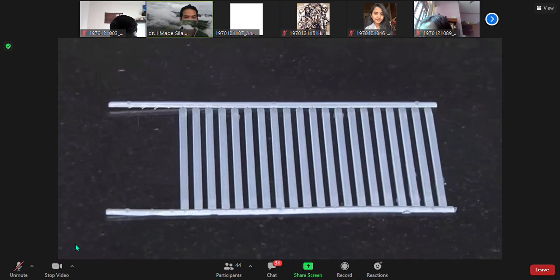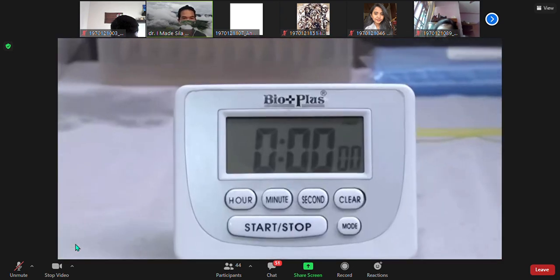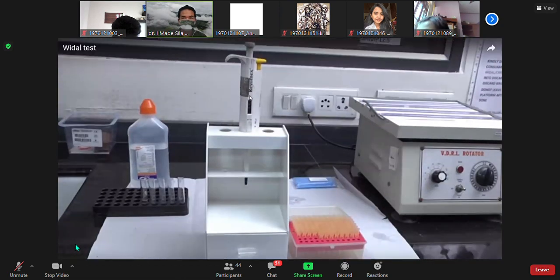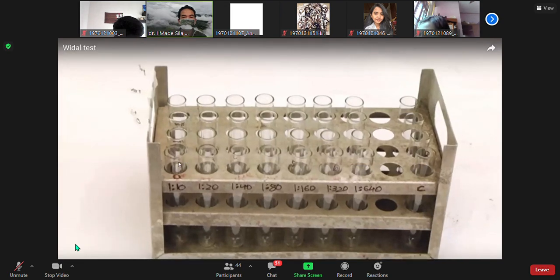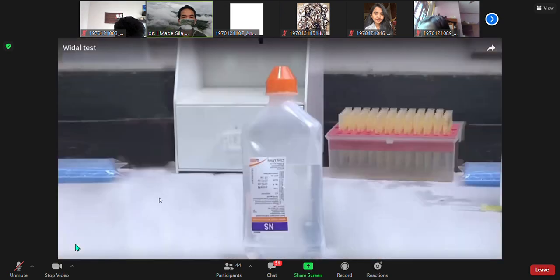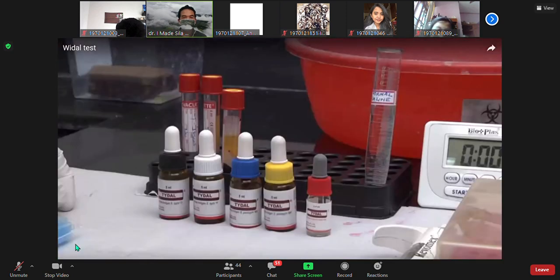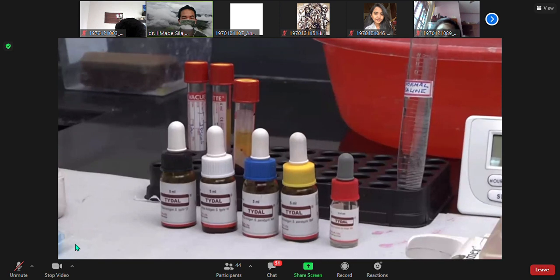Equipment: incubator, timer, 0.1 milliliters and 1 milliliter serological pipettes and droppers, 36 Vidal tubes or Kahn tubes for each sample, physiological saline, test tube rack. Test procedure: bring reagents and samples and mix antigens well before dispensing.